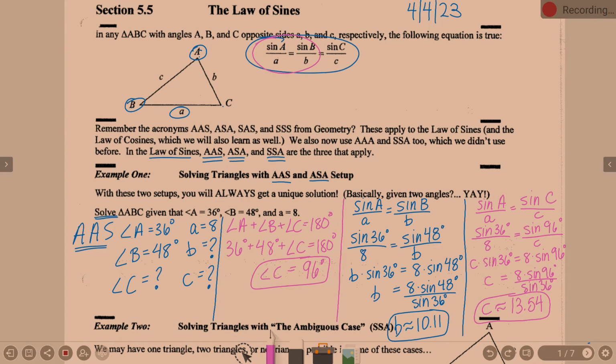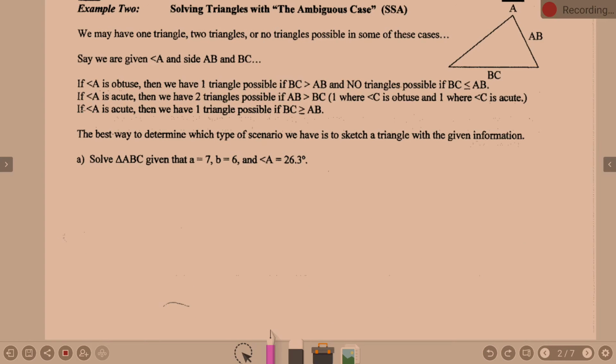Okay. So example 2, technically, when you look at example 2, there are 3 examples that fall under it. There's A, B, and C: A on the front side, B and C on the back side. But example 2 is what they term the ambiguous case, as in, it all kind of depends on what kind of information you're given, whether acute angle, obtuse angle, how the sides and angles match up.